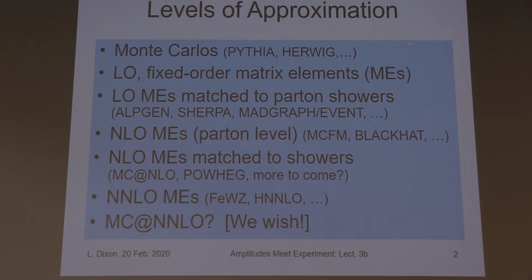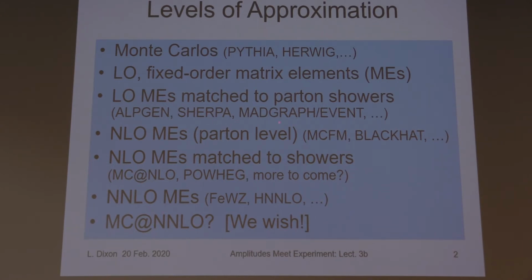Those are often abbreviated by MEs or matrix elements. But it's useful to try to fix up Monte Carlos by incorporating the information from leading order. There's a way of doing this, which I'll sketch briefly, matching the leading order matrix elements to parton showers. That gives you some of the benefits of both techniques, and those are commonly now incorporated into different Monte Carlos.